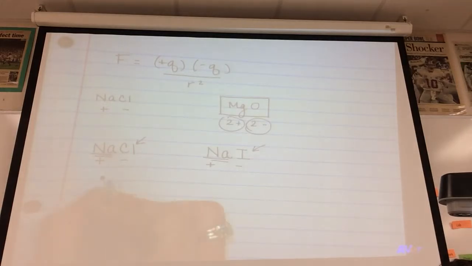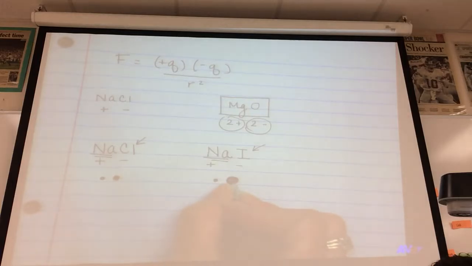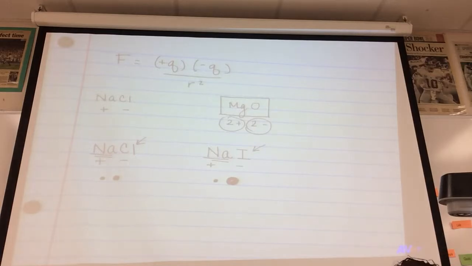You can think about it this way. Here's sodium, here's chloride ion, which will be bigger. Here's sodium ion, and here's iodide ion, which will be larger than chloride ion, maybe not drawn to scale. This is like two skinny kids giving each other a hug. They can get pretty close together, right?